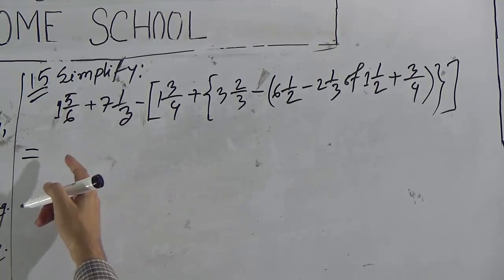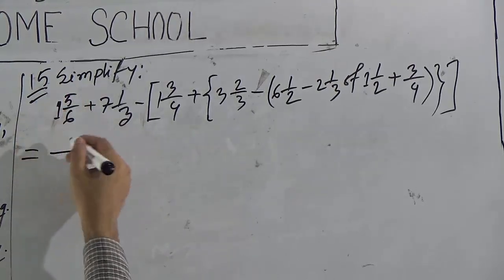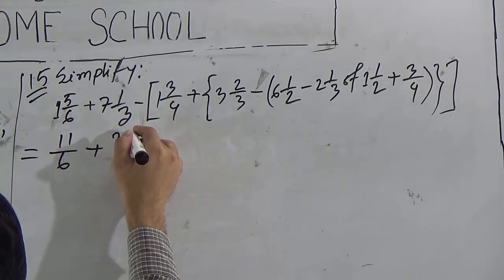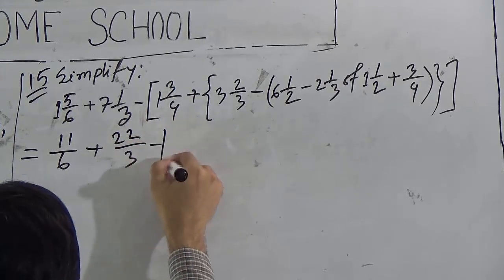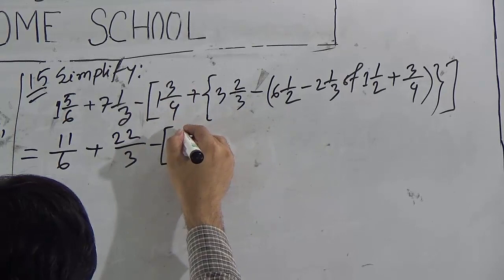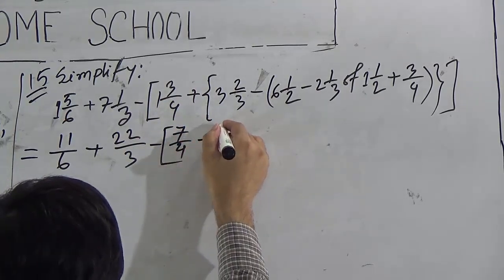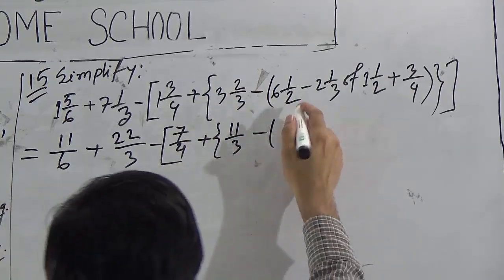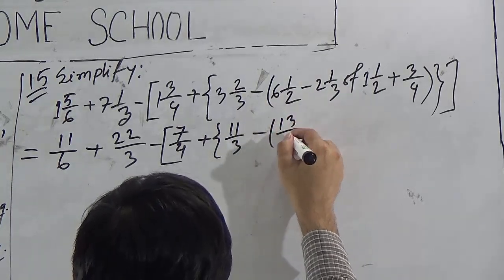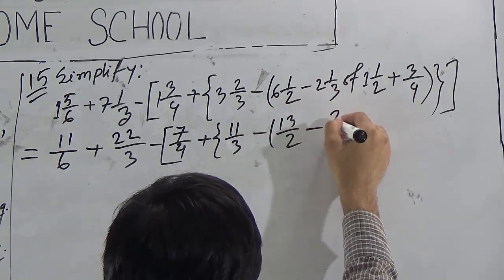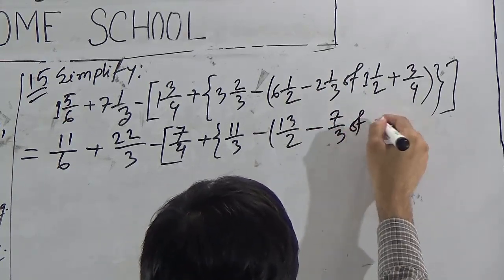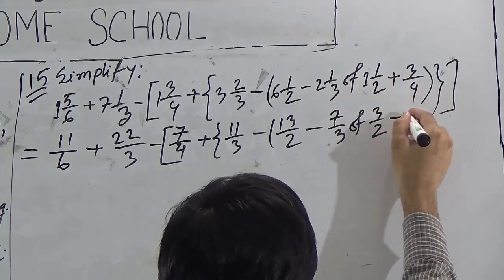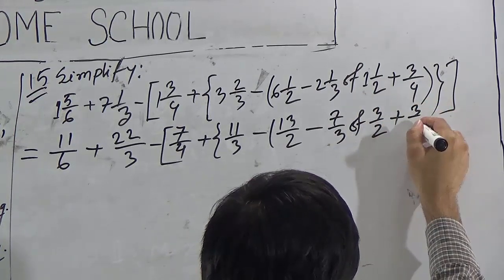So at first we have to convert the mixed fractions into improper. 6 ones are 6 and 5, 11 by 6, plus 7 3s are 21 and 1, 22 by 3, minus 4 ones are 4 and 3, 7, 4, plus second bracket, 3 3s are 9 and 2, 11 by 3, minus 6 2s are 12 and 1, 13 by 2, minus 2 3s are 6 and 1, 7 by 3 of 1 integer 1 by 2, means 2 ones are 2 and 1, 3 by 2, plus the last fraction is 3 by 4.